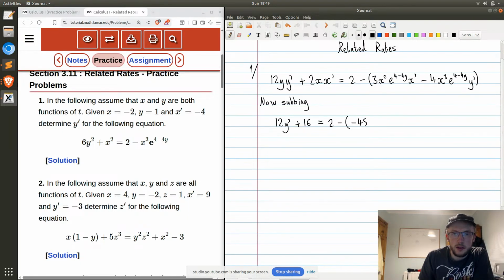So -48. That turns into a 32y prime, so this will become a minus 32y prime. So that's 50. Take away that.